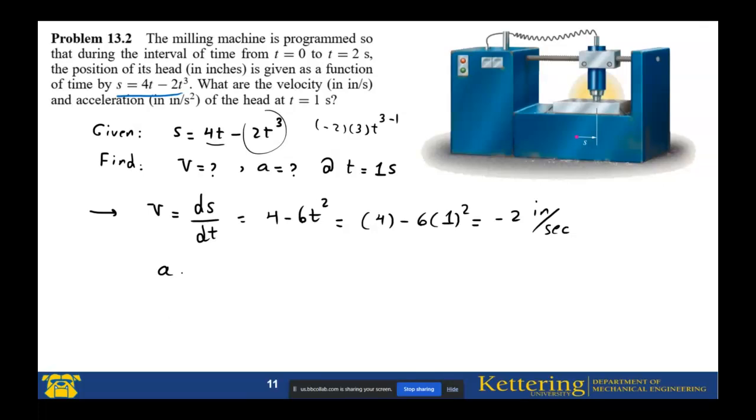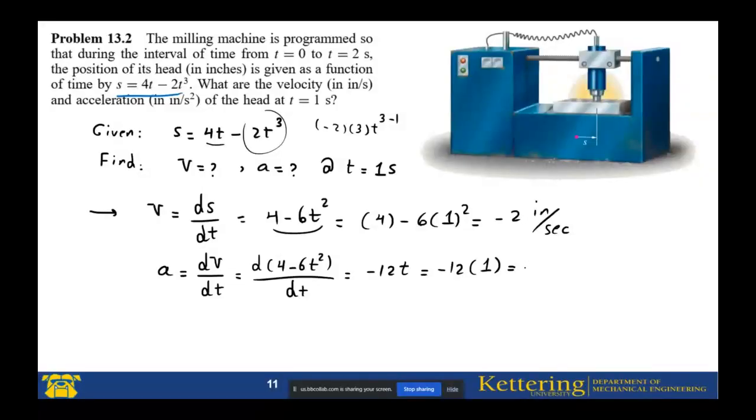Also, we can find the acceleration. Acceleration is the derivative of velocity with respect to time, or the derivative of 4 minus 6t squared with respect to time. If you take the derivative, it will be minus 12t, or minus 12 multiplied by 1.